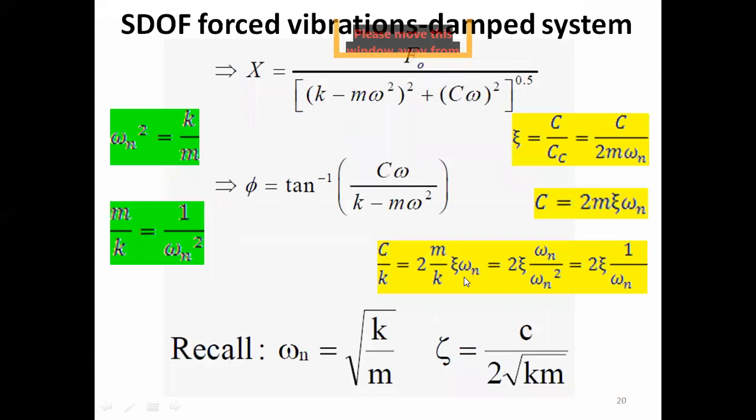And if we look at the phase, what I'm doing is taking this k common. So this k is here, this would become 1, and here I would have m by k.